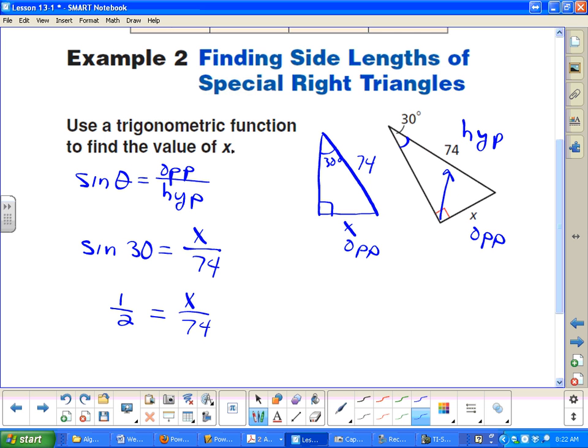So I'll multiply both sides by 74. And we get x equals 37. And at that point in time, you could have cross multiplied also. Yep, either way.